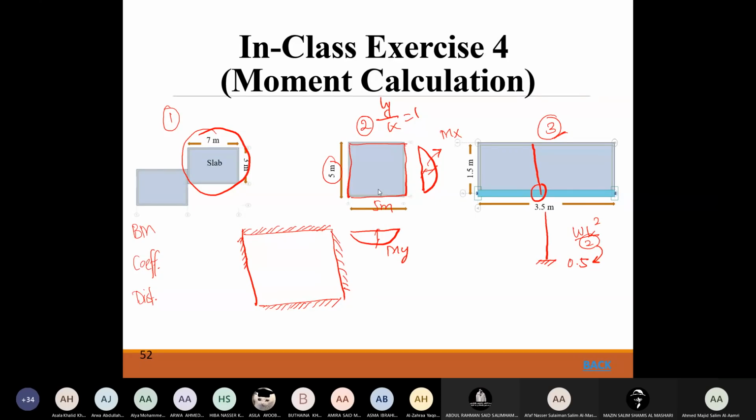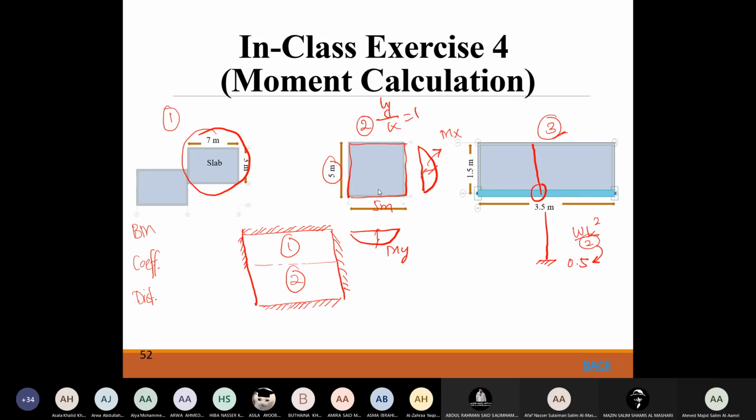Now the code says we have either discontinuous or continuous, not half continuous and half non-continuous. But our logic says that this slab can be divided. If I divide this slab into 2 zones, this is zone number 1, this is zone number 2, I'll easily be able to draw the bending moment diagram.